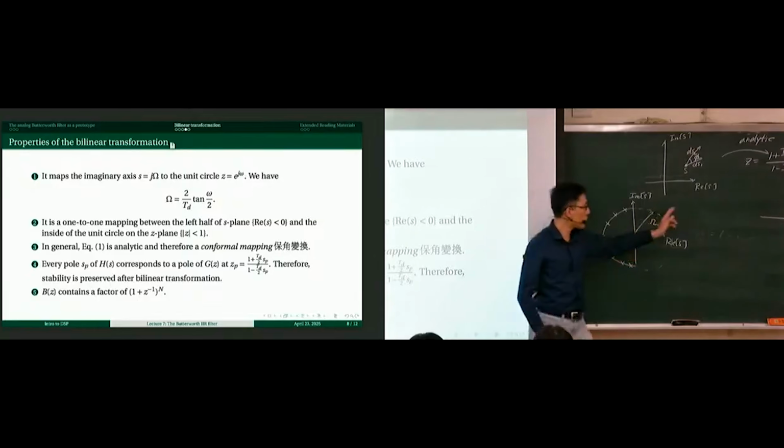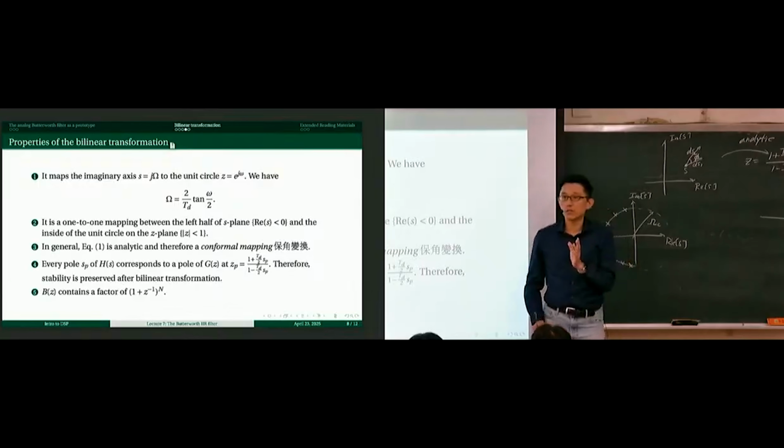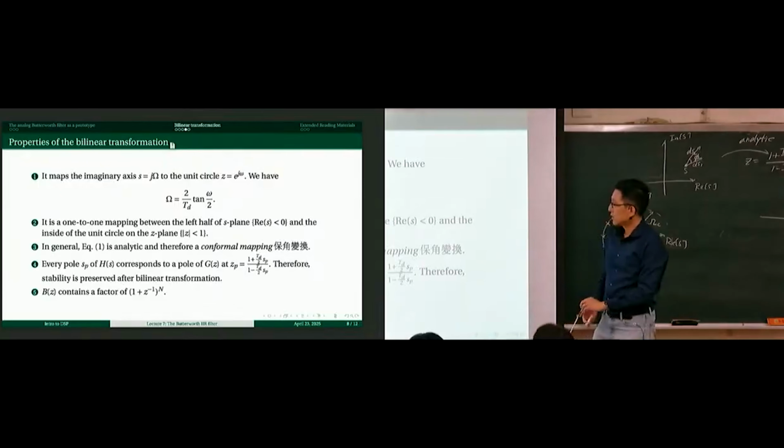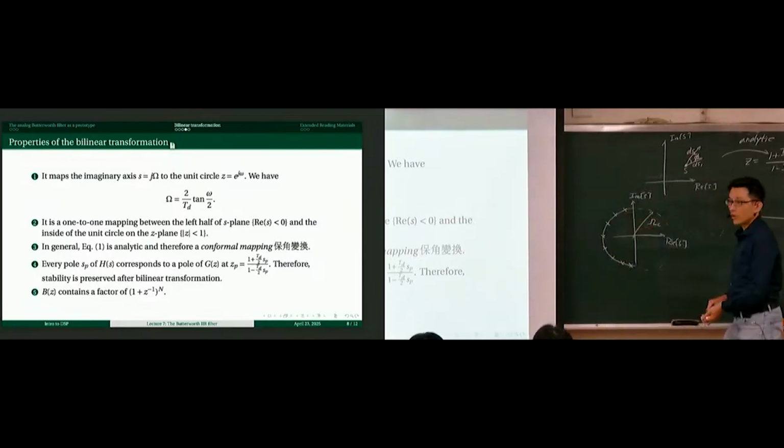But when we go to discrete time, now it's good. It's kind of comforting. 让我觉得受到安慰啊. It's really nice that all the poles here are going to map where? They are going to be mapped to the inside of the unit circle. Okay, so now from S to Z, this is the Z plane.